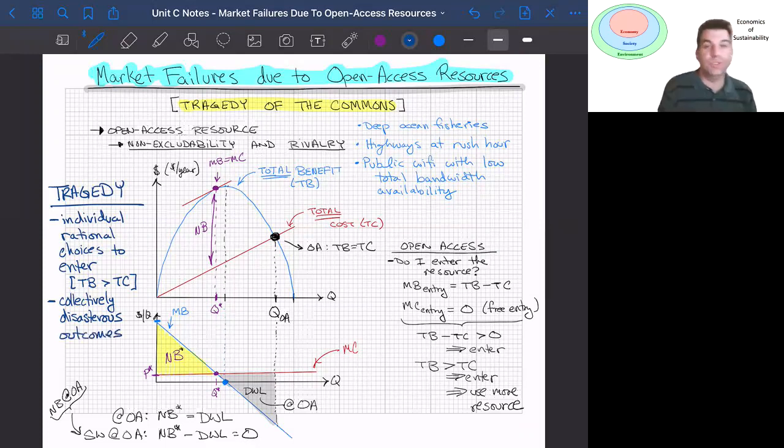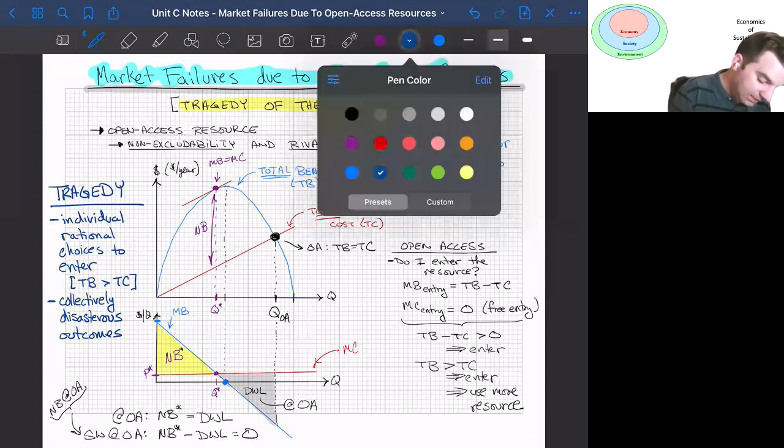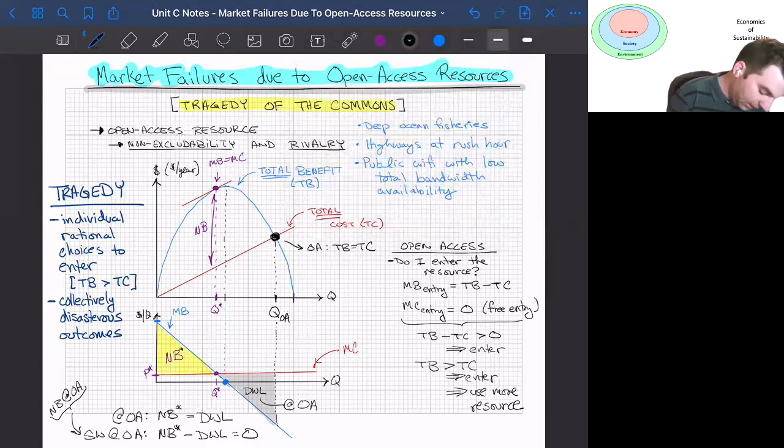So every individual was really just doing what was best for the individual, but for the group, it's a problem. And so that is why these things fall under the category of collective action problems.